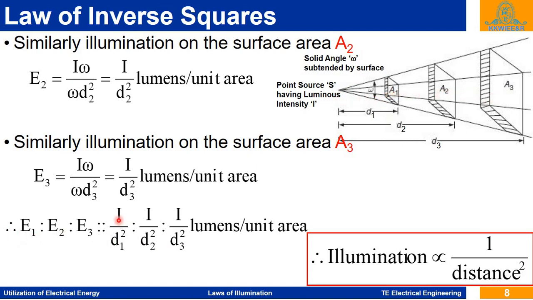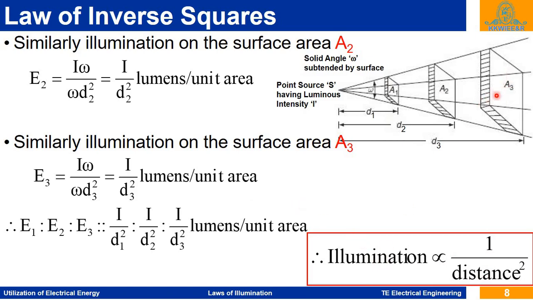This I, intensity of the point source S, is a constant. And from this we can conclude that the illumination level on the surface is inversely proportional to distance square, or illumination is proportional to 1 upon distance square. So this is the law of inverse square.